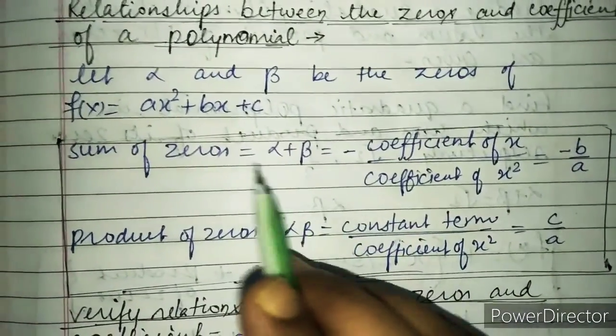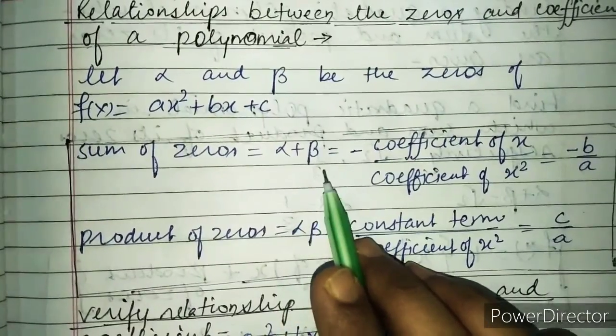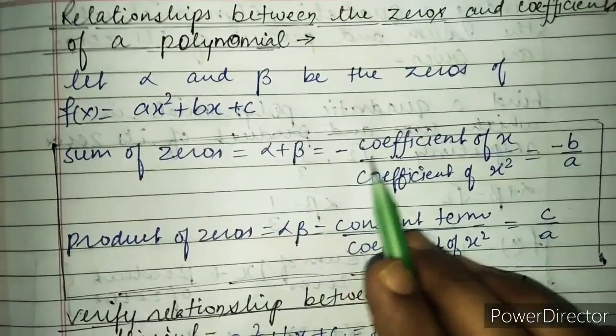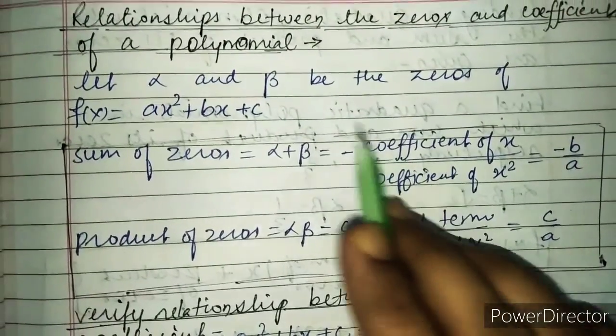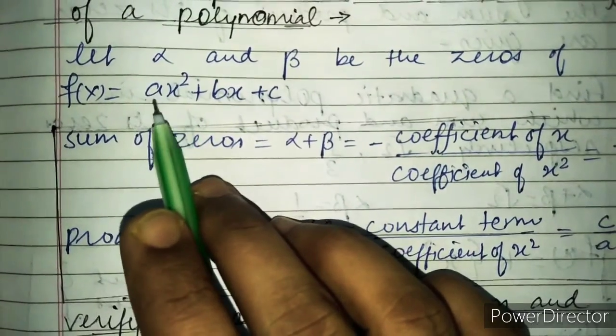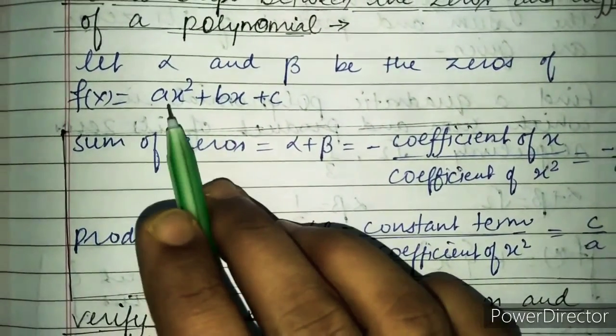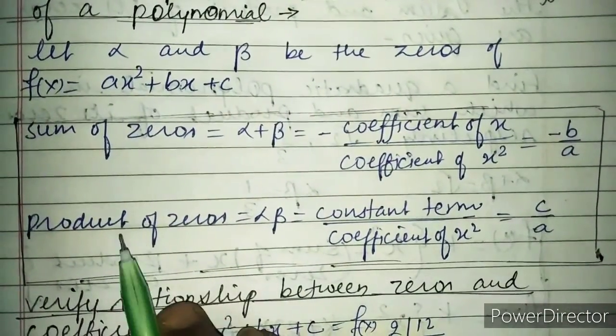Now, what will be the sum of zeros? Alpha and beta are the zeros, so the sum of zeros, alpha plus beta, equals minus coefficient of x upon coefficient of x². The coefficient of x is b and the coefficient of x² is a, so minus b upon a. What will be the product of zeros?